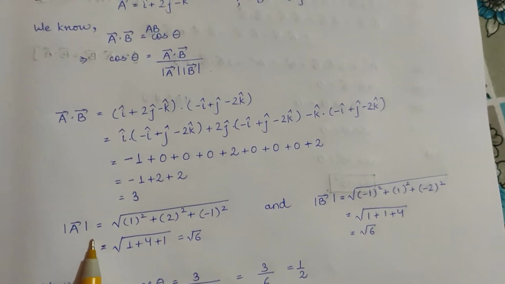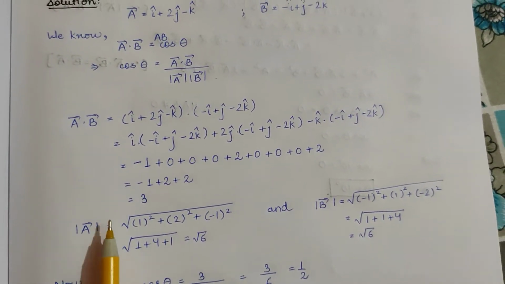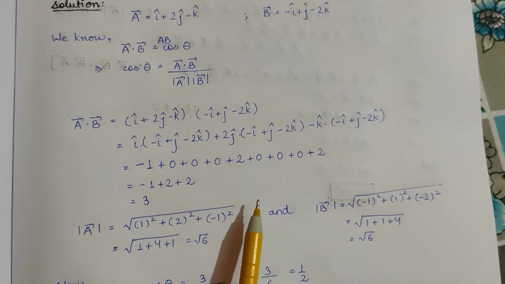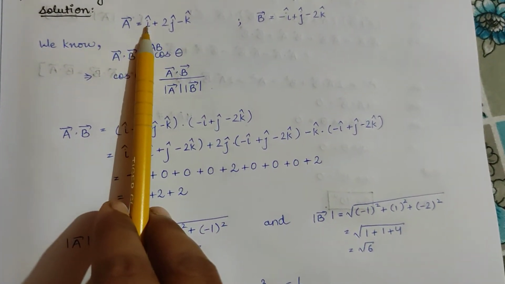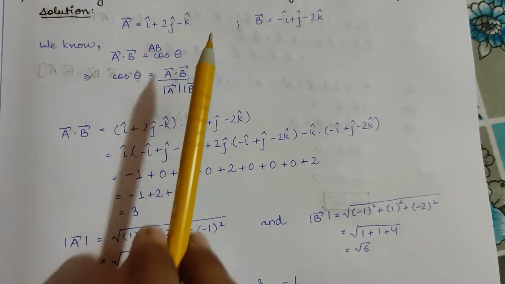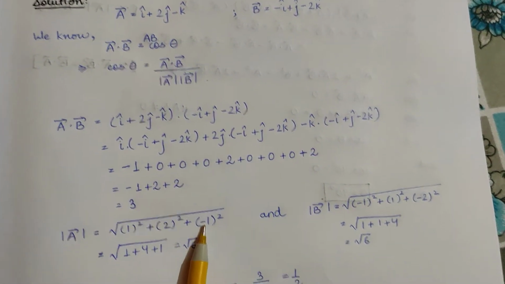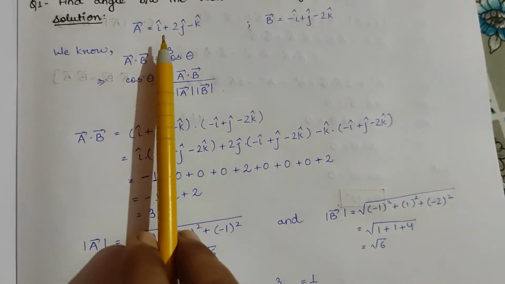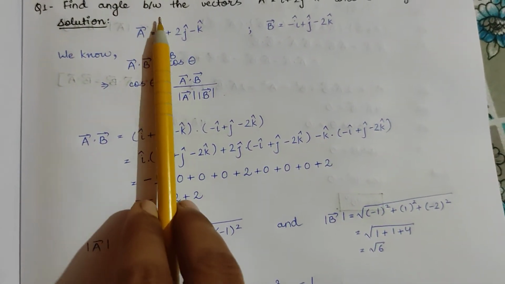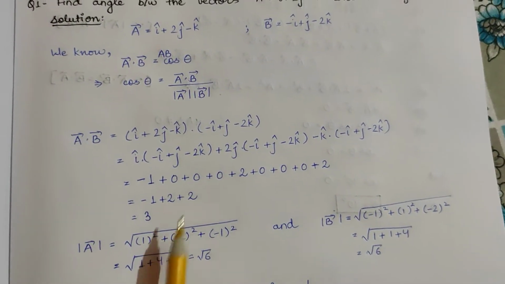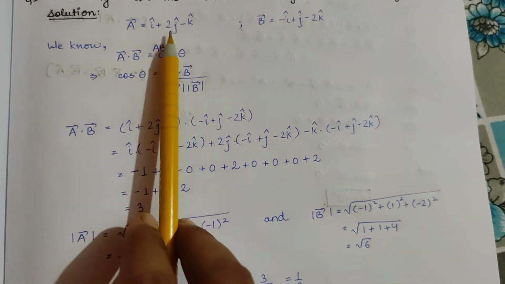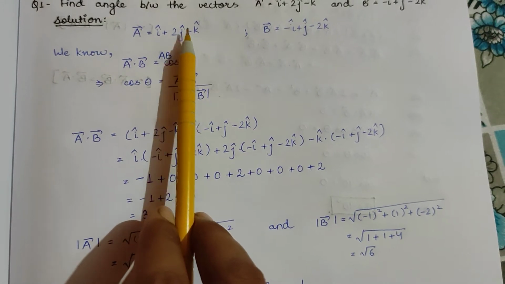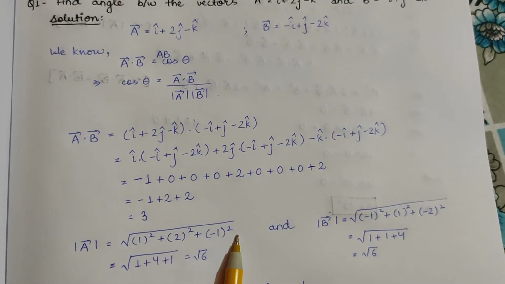For finding the magnitude of vector A, we write it as under root of the squares of the coefficients of the unit vectors. The coefficient of unit vector i here is 1, so 1 square. The coefficient of j is 2, so 2 square, and the coefficient of k is minus 1, so minus 1 whole square.